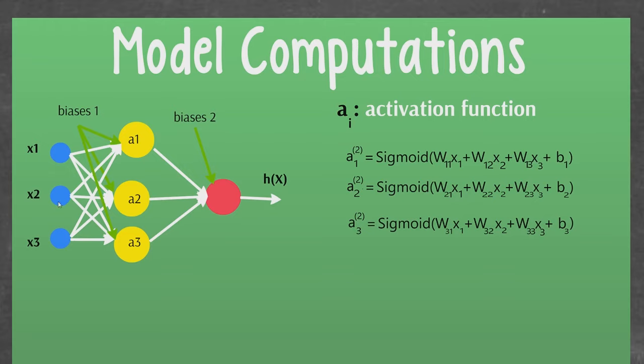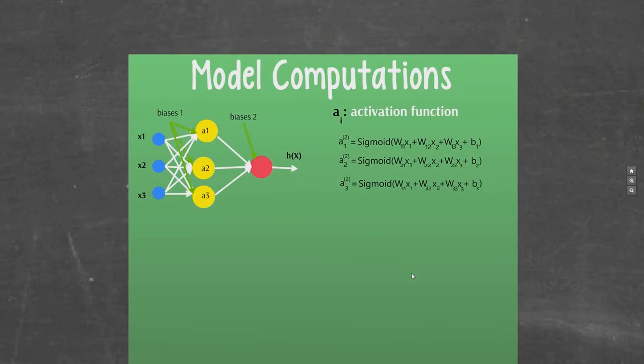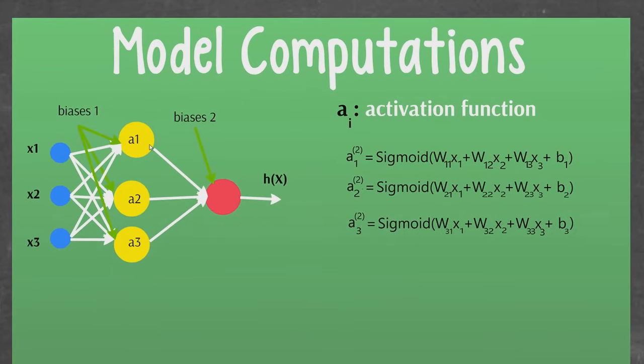And then we do the same for A2 here, and the same for A3. As you can imagine, each one has its own weights. All weights are different here; each and every weight is different from the others. Actually, I think I didn't write it here, but I'm going to say it to you. After doing all these calculations, we have one output from here, one from here, and one from here. All the outputs are also multiplied by their own weights, which I didn't write here.